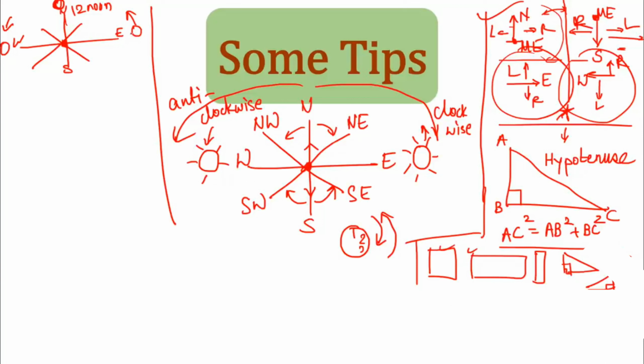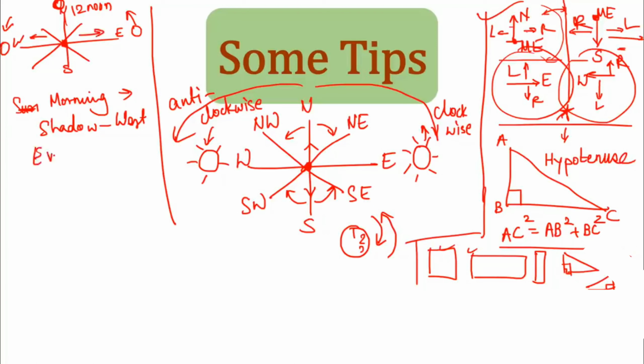What happens is that when the sun rises in the east, the shadow will be on the west side. So during sunrise in the morning, the shadow is towards the west, right? And during evening, when the sun is setting, when the sun is on the west side, the shadow will be on the east side, right?